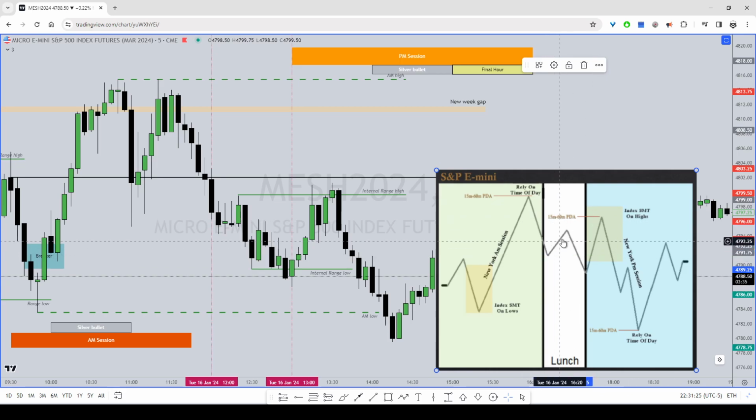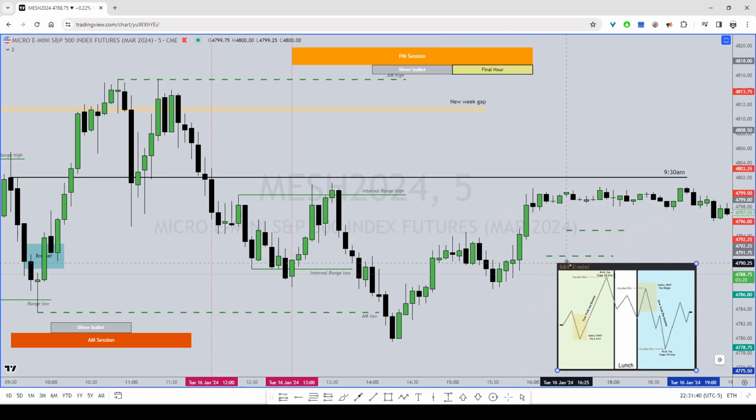That is not the trade, but that is another confirmation that you've got a consolidation profile, because your AM high has remained intact. Not many profiles will keep the AM high intact. In fact, there's only two.